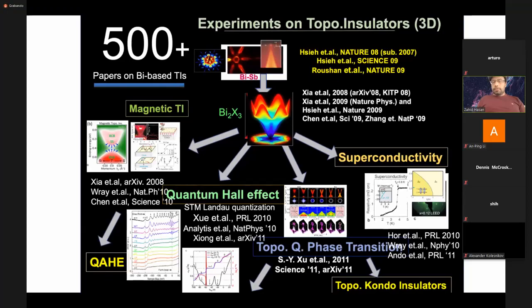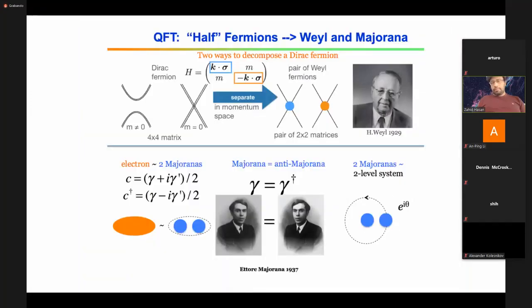Okay, so then beyond that, where is the field converging? What is the further future of the field that was being considered back then? So I would say there are two major thrusts: can we realize half fermions?